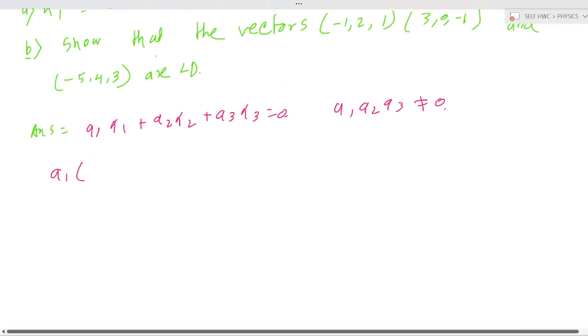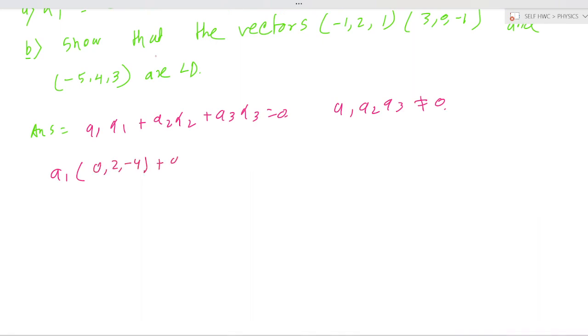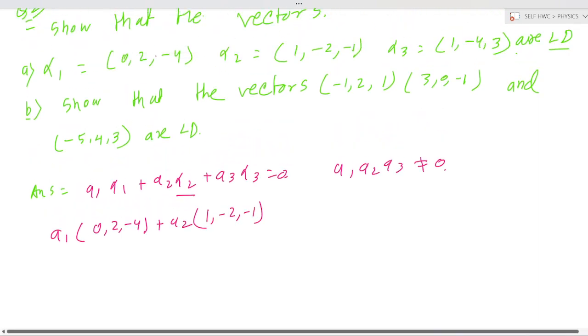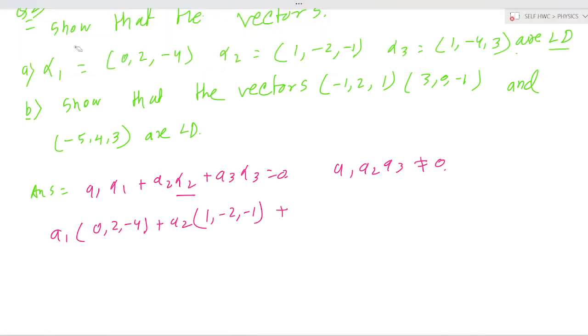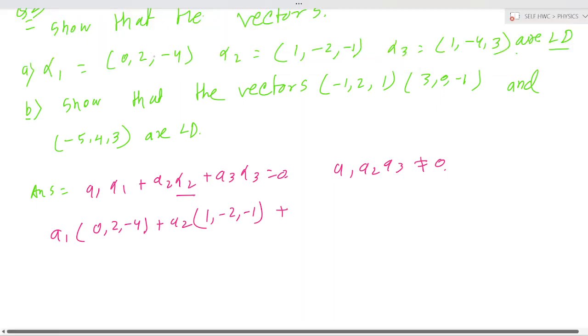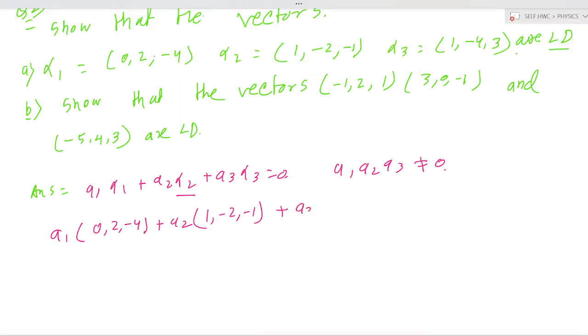Next, a1 alpha 1 means (0, 2, minus 4) plus a2 alpha 2 is equal to (1, minus 2, minus 1). Okay. And plus a3 alpha 3, which is (1, minus 4, 3), is equal to (0, 0, 0).